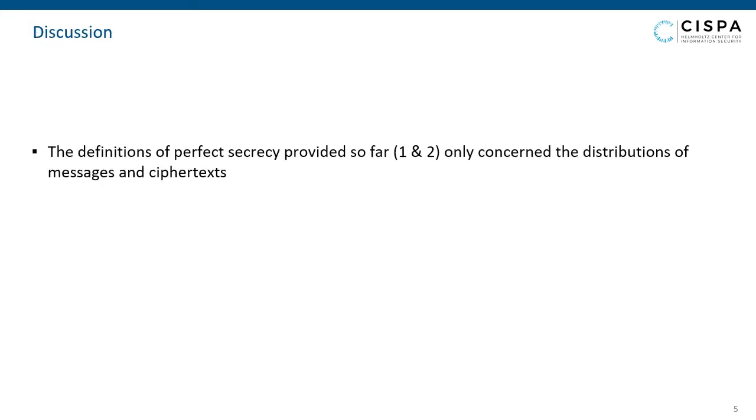Now, the definitions of perfect secrecy provided so far, namely definitions 1 and 2, are only concerned with the distributions of messages and ciphertexts. There is, however, no explicit mention of an adversary in these definitions.